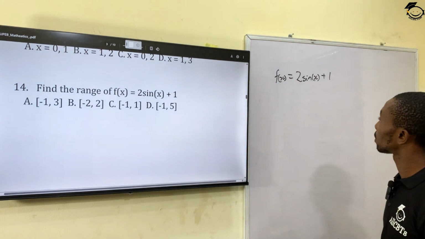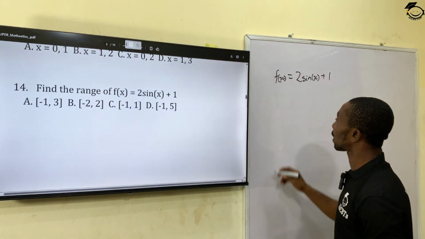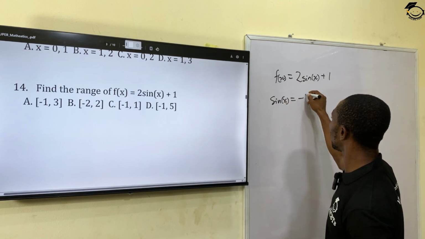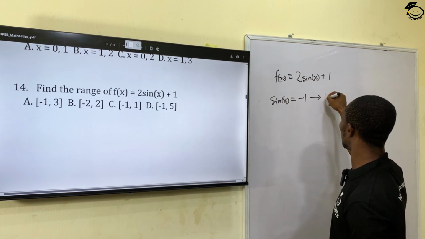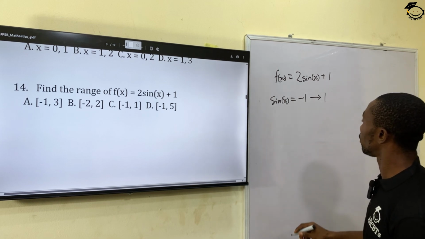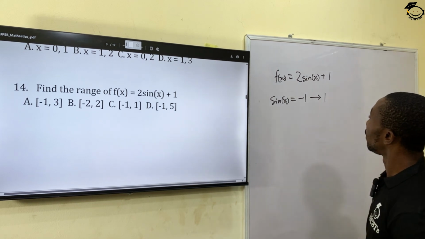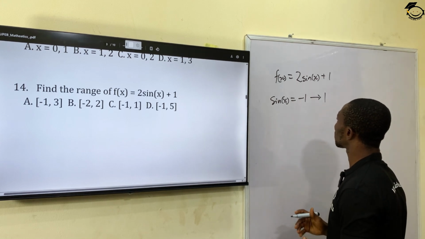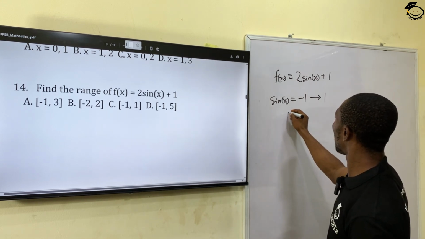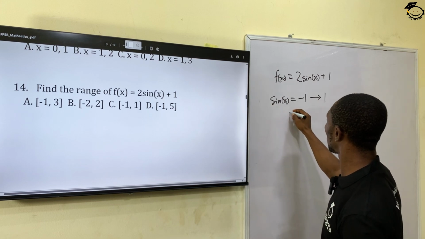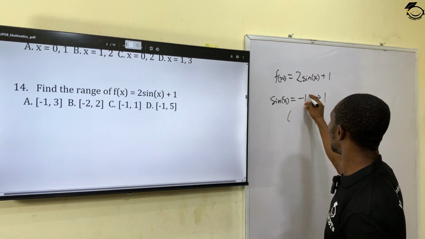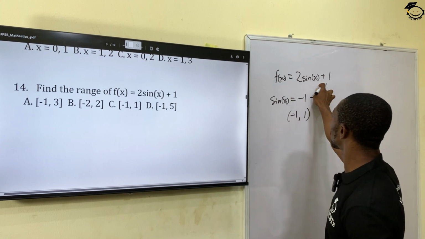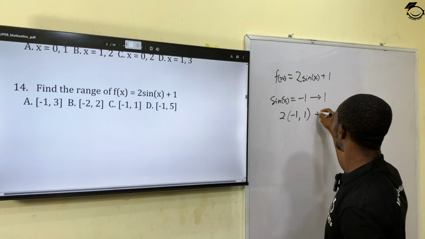Now it says find the range of f of x equals 2 sine x plus 1. Now we know that mathematically the range of sine ranges from minus 1 to 1. Our sine wave ranges from minus 1 to 1. Bearing that in mind and inputting this, since it ranges from minus 1 to 1, this is minus 1 and 1, so times 2 plus 1.